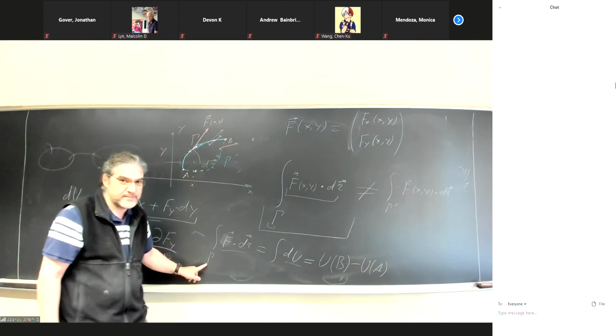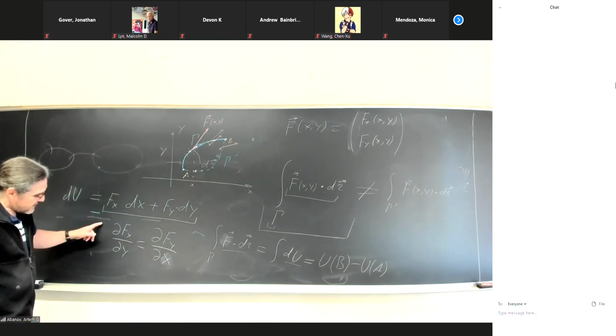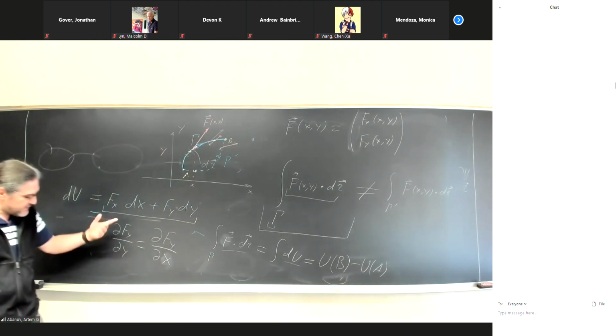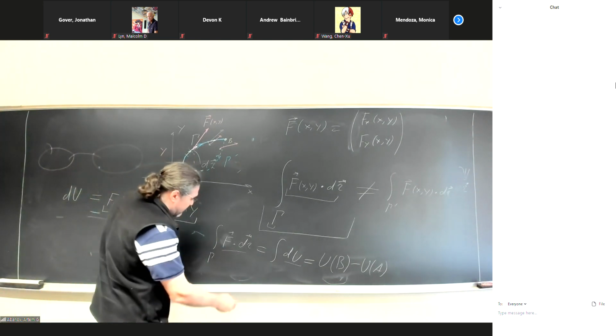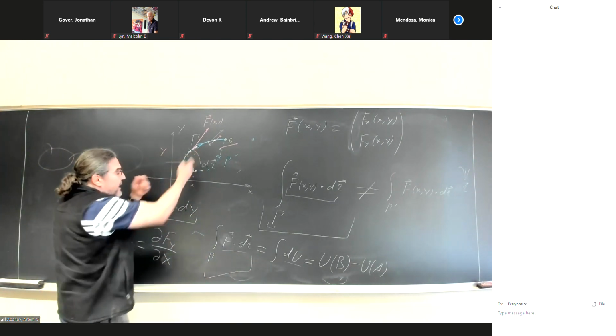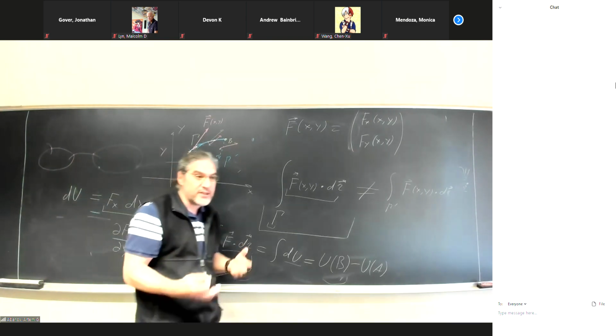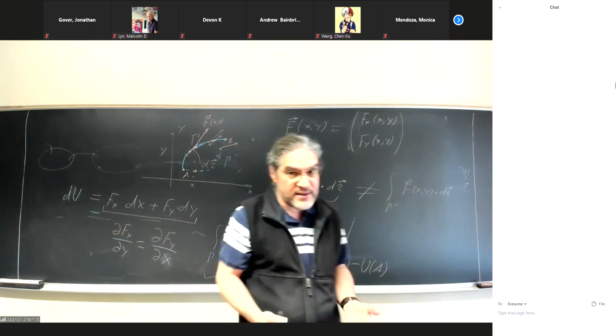So if our vector field is such that this is satisfied, then this expression, this construction, actually miraculously does not depend on the path.